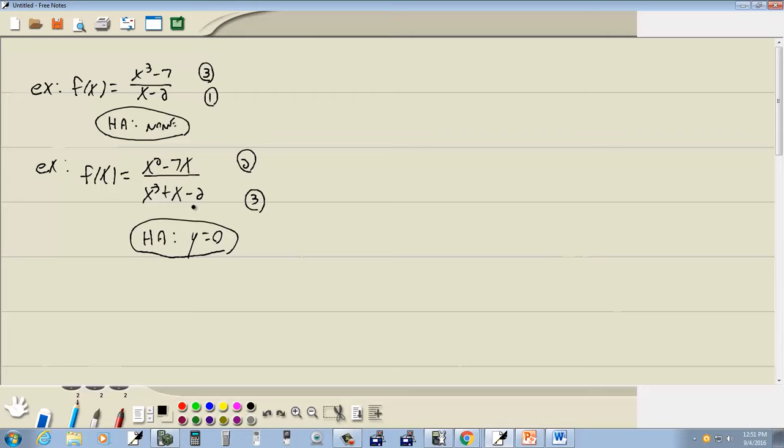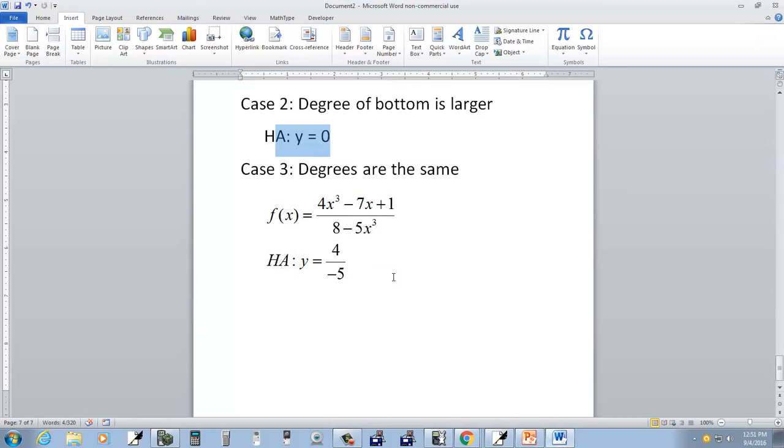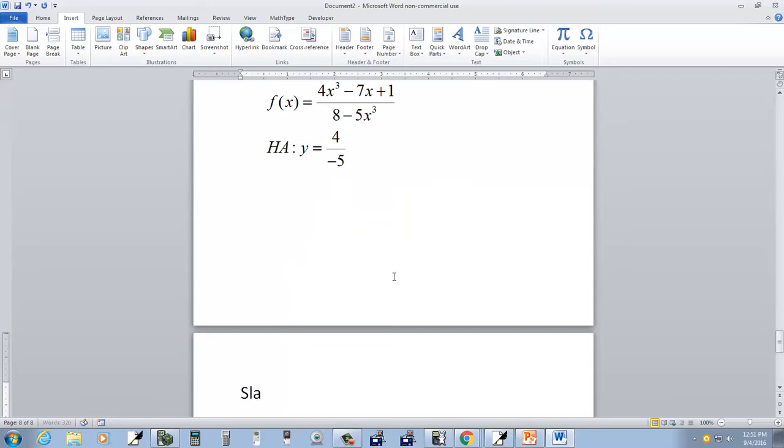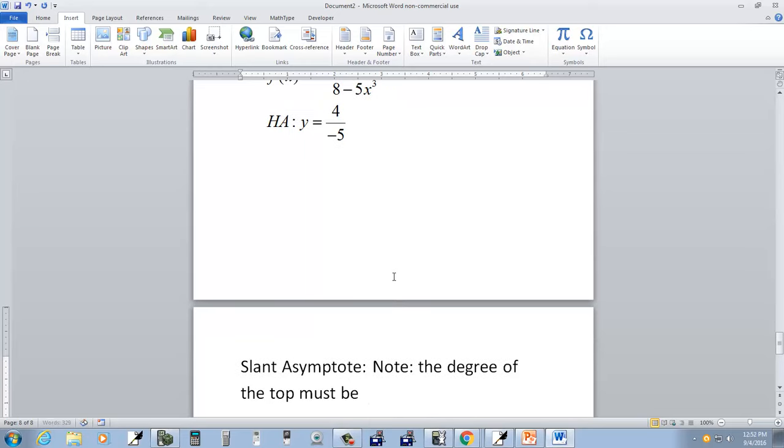Now the slant asymptote. In order to have a slant asymptote, the degree of the top must be exactly 1 larger than the bottom.